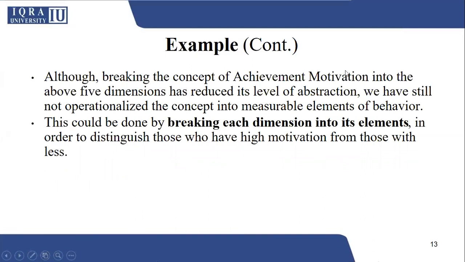Breaking the concept of achievement motivation into these 5 dimensions has reduced its level of abstraction. But still, it does not fully operationalize the concept into measurable elements of behavior. For this, you can further break down each dimension into its elements in order to distinguish those who have high motivation from those with less.